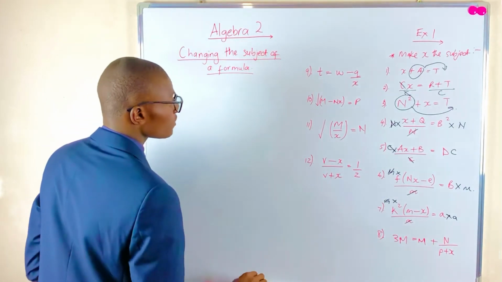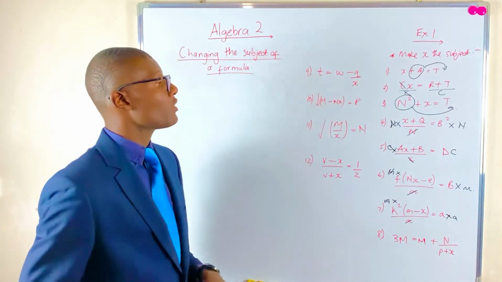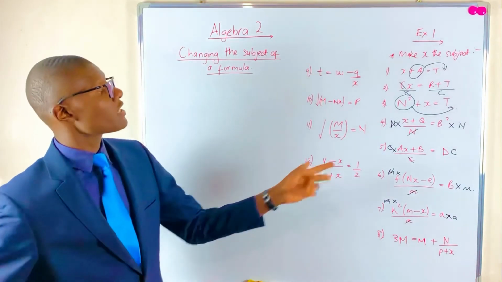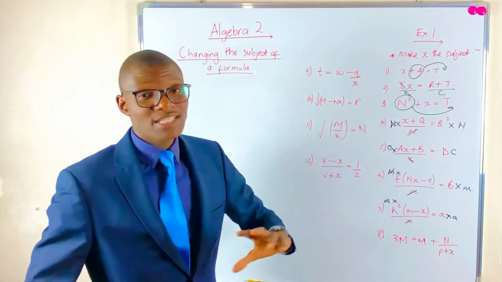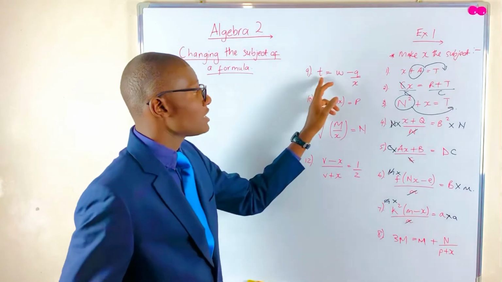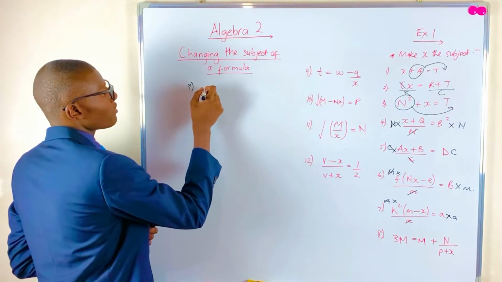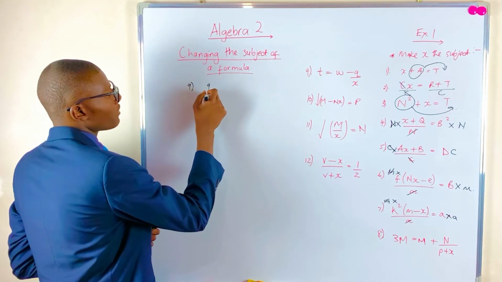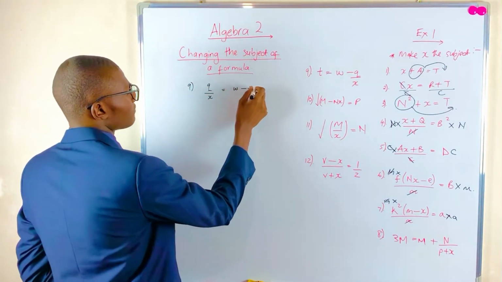Okay, so now for number 9, we've got t is equal to w minus q over x. First our aim would be to make this minus q over x a positive, which means you shall take it to the left hand side, then you take t to the right hand side, such that we've got q over x being equal to w minus t.